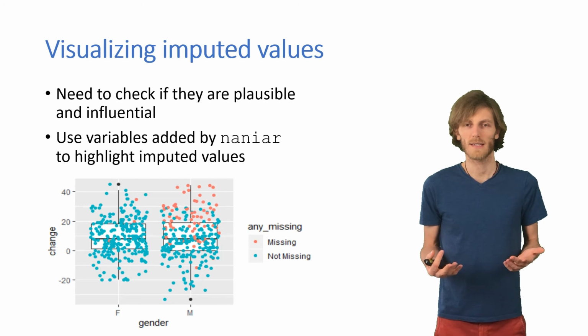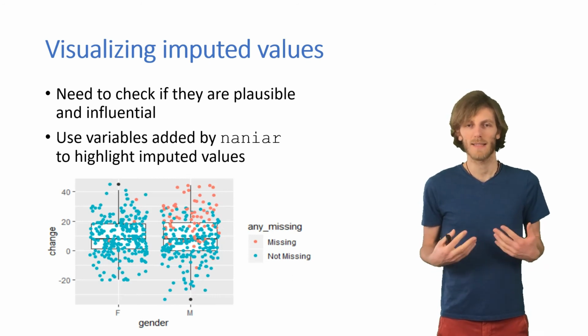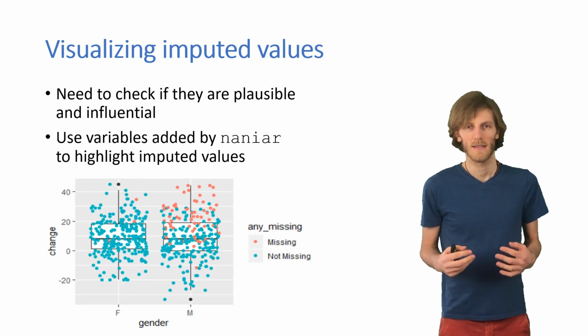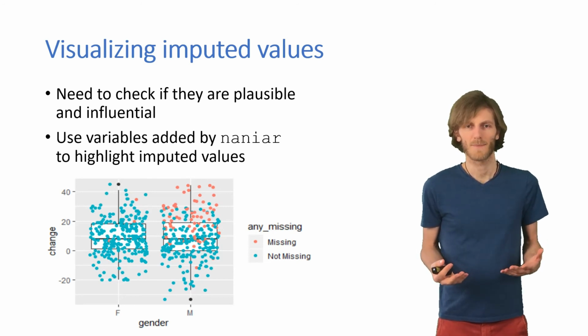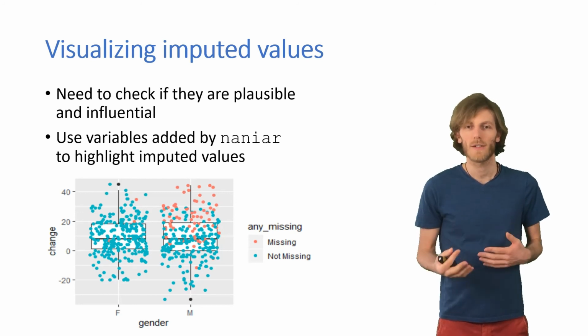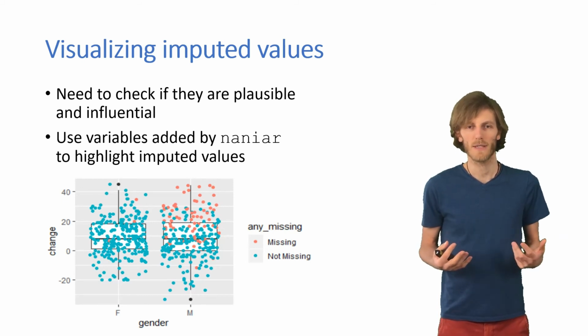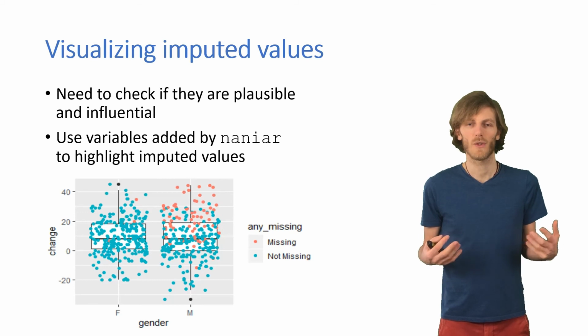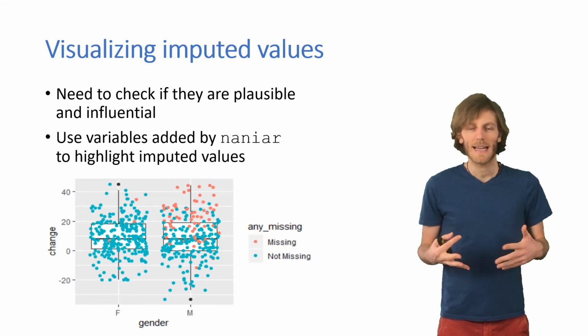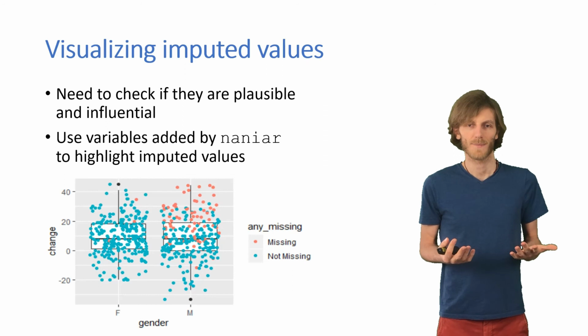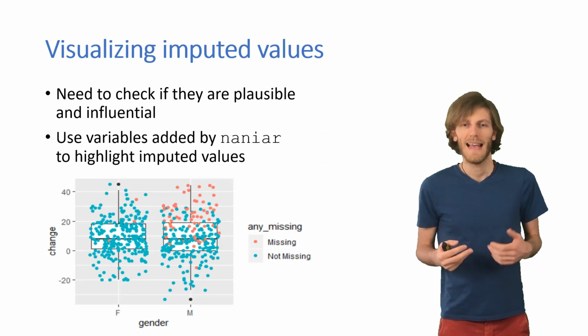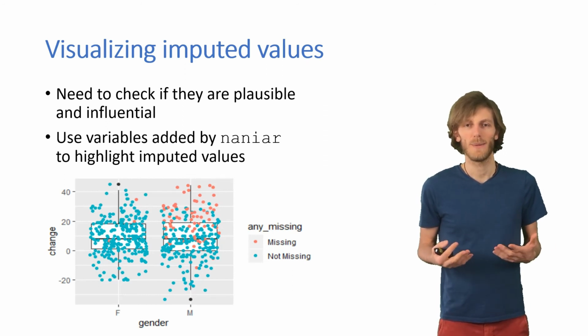So all the orange dots are the imputed ones, all the blue dots are the ones that were there initially. The two main things we can see: one is that the orange dots are generally plausible. They're not outside of the range of the blue dots. So there's nothing to indicate that any of the imputed values are impossible. And we can also see that they're clearly influential because their distribution is different from the distribution of the blue dots.